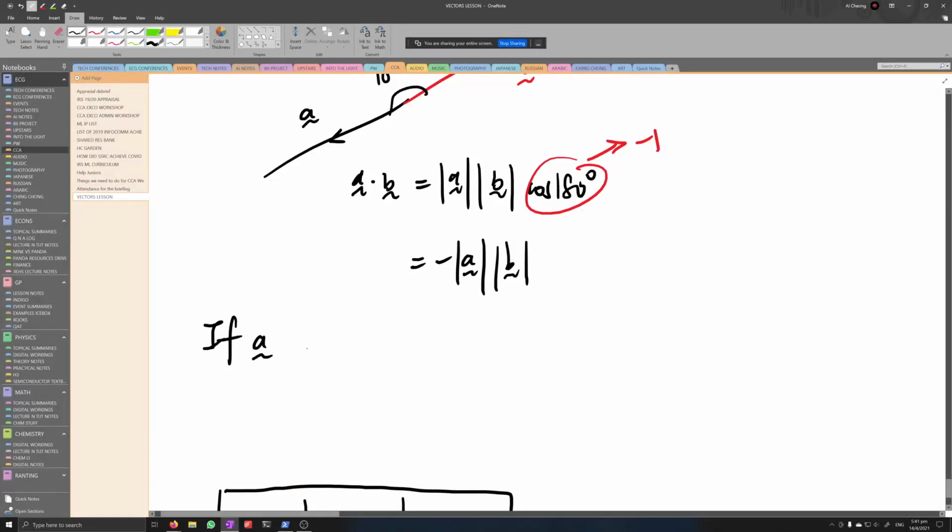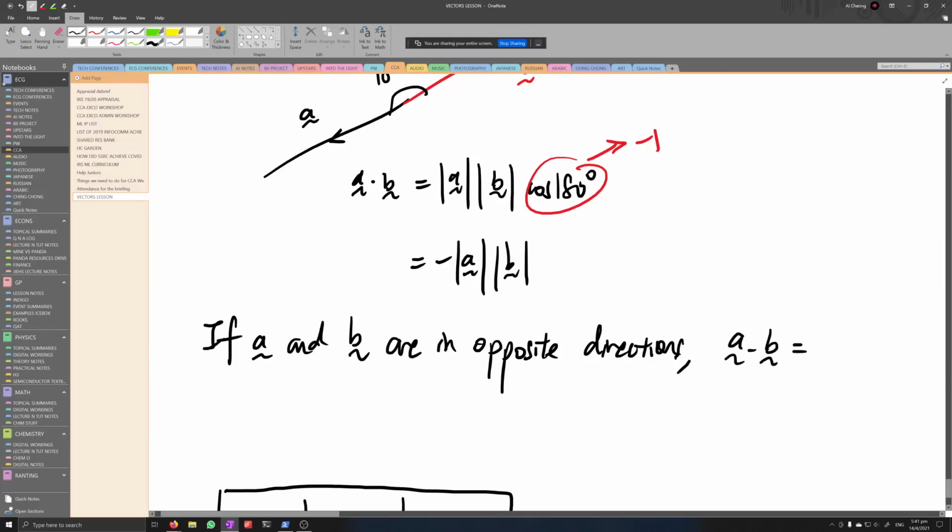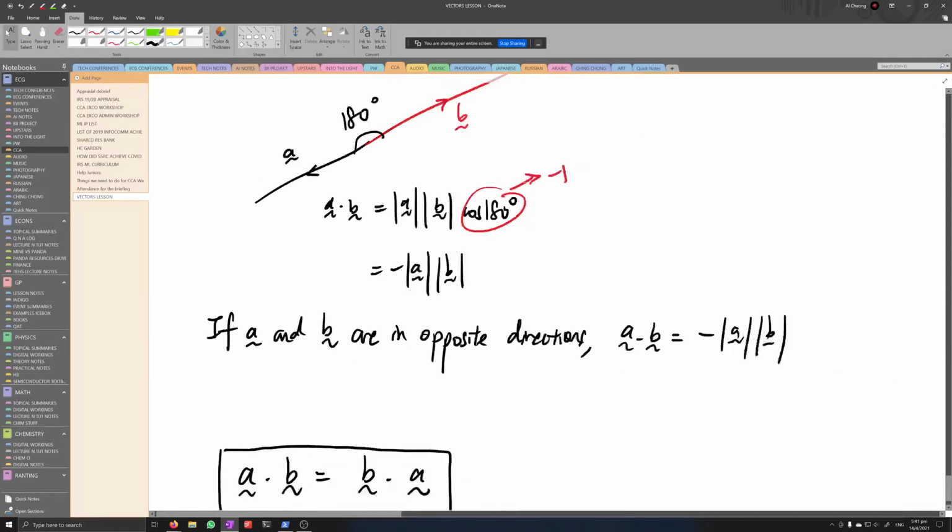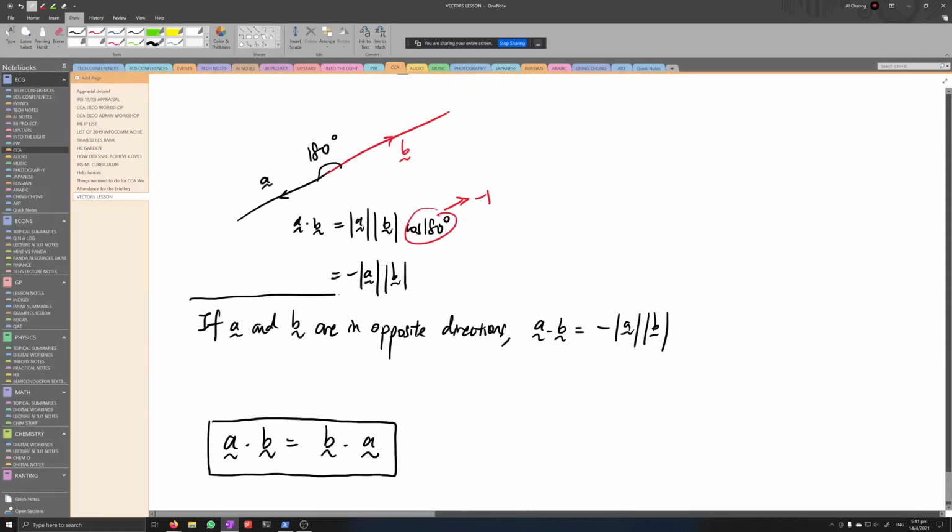If A and B are in opposite directions, A dot B equals minus. Okay, so let's cross this guy up.